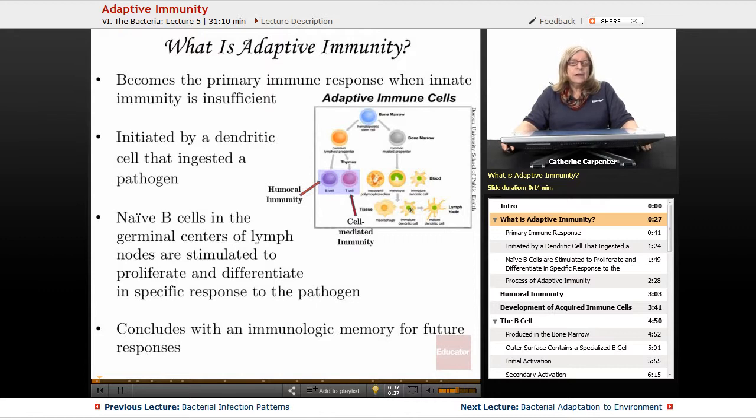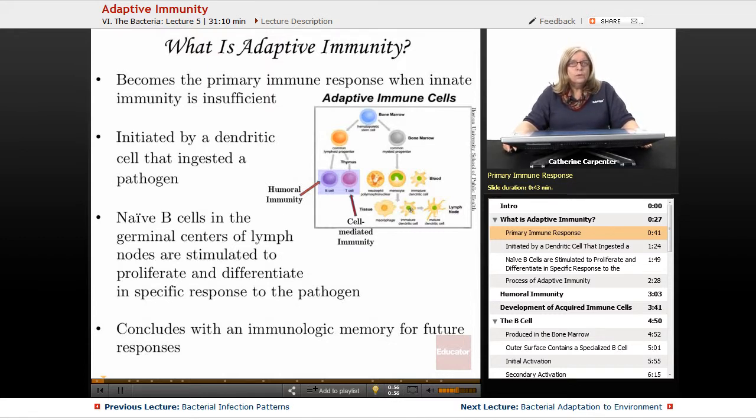In terms of adaptive immunity, it's the immune system's way of creatively configuring and identifying brand new pathogens it has never seen before. That's one function.